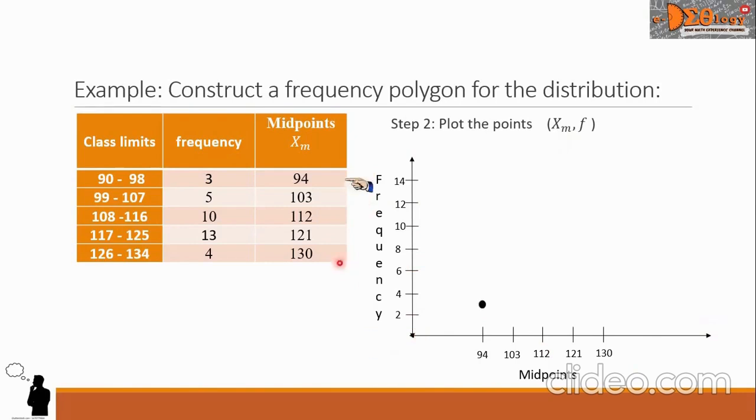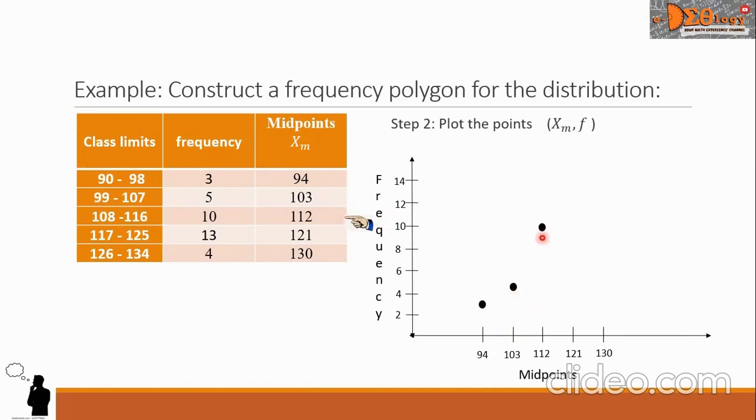The first point is 94, 3. So we have this point. The second point is 103, 5. This is the point. The third point is 112, 10.